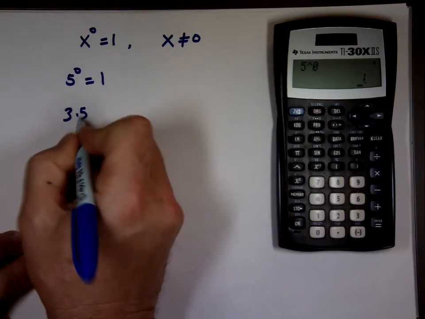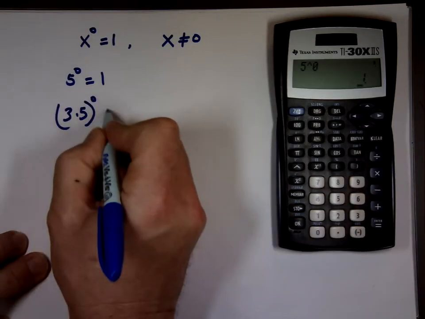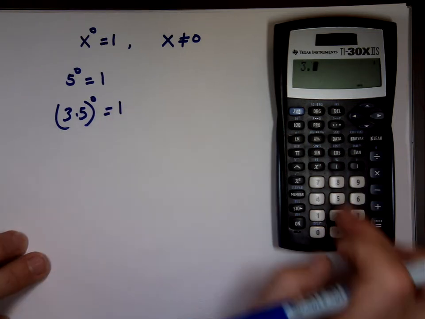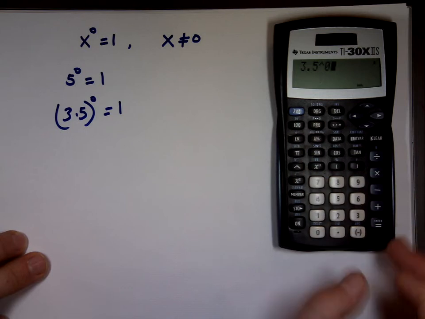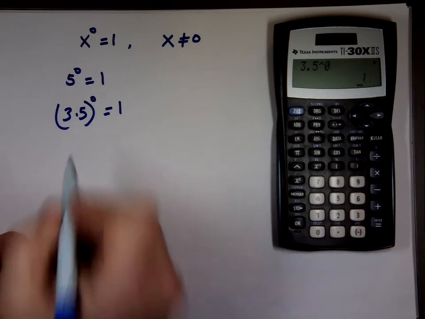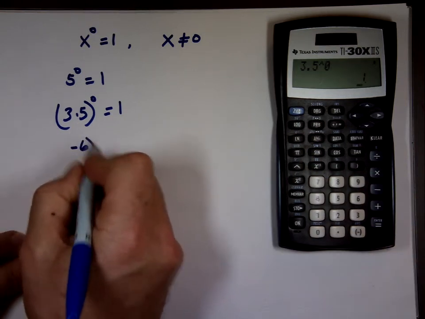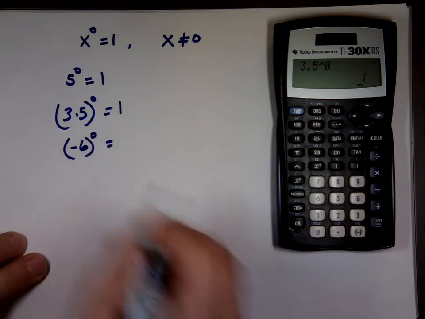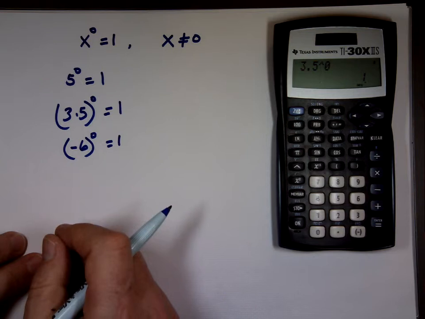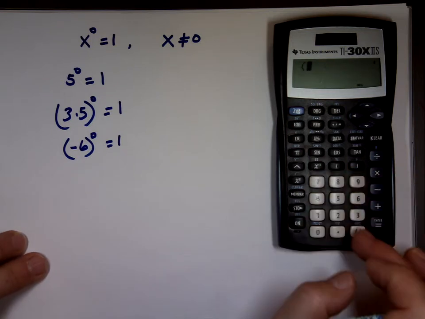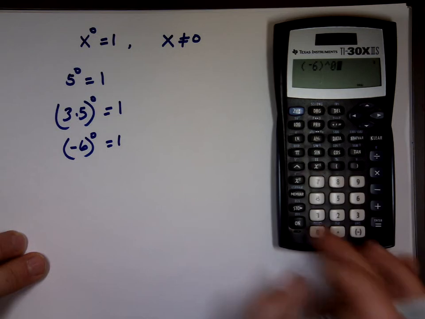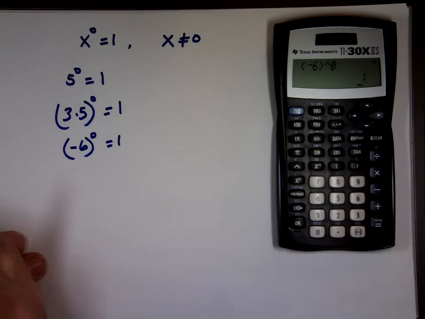3.5 to the 0 power should be what? 1. 3.5 to the power of 0. 1. Minus 6, the whole thing to the 0 power. That should be a 1. Minus 6 to the power of 0. 1.